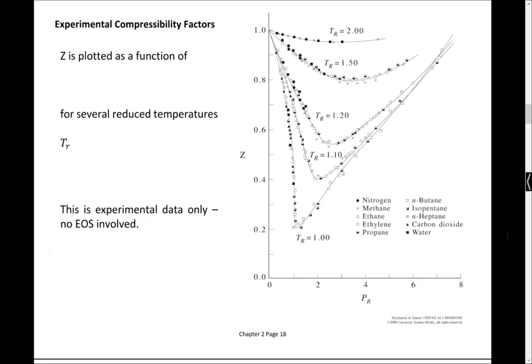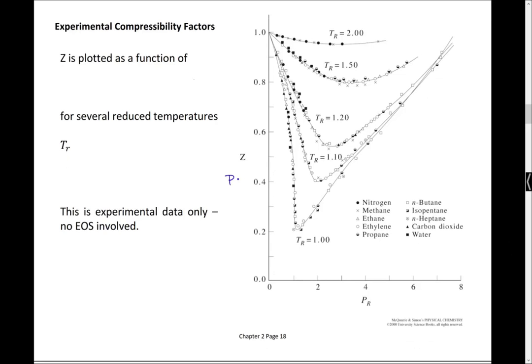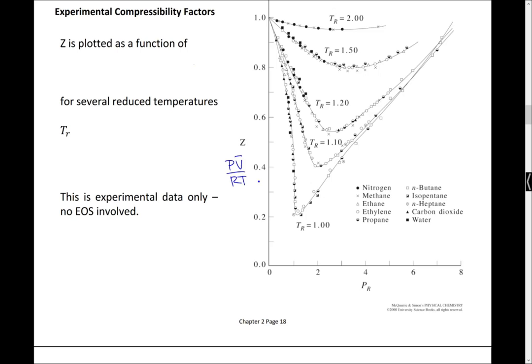Let me just make sure that I write one thing on here. So this is PV bar over RT. So Z, as we've defined it, isn't in terms of reduced variables. This is in terms of the experimental pressure, molar volume, and temperature. And then I still need to use my conversion factor for units, okay?